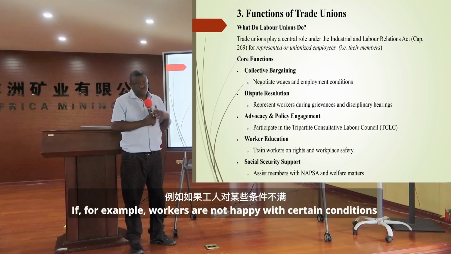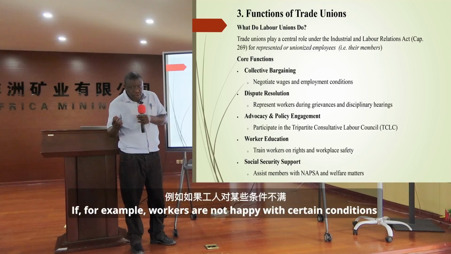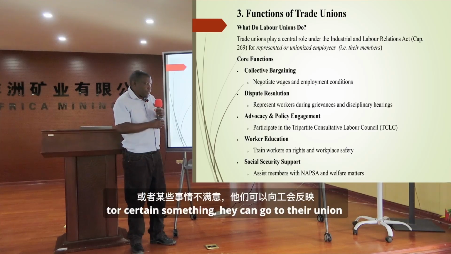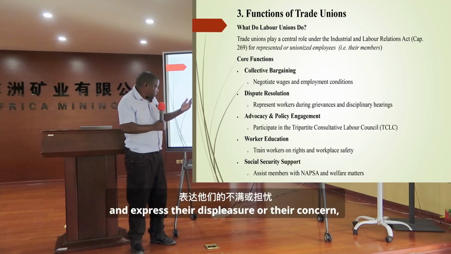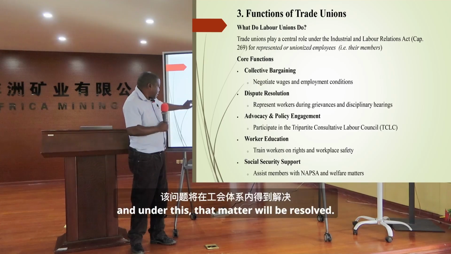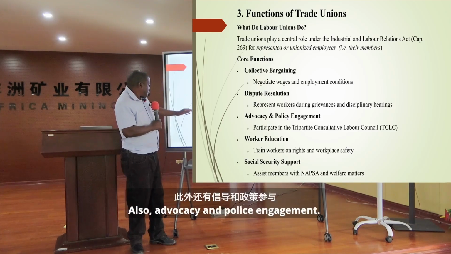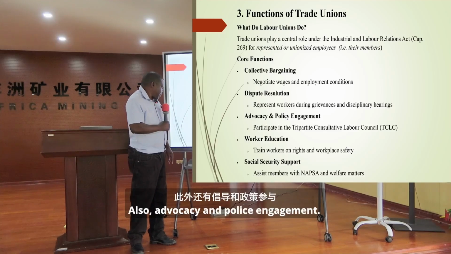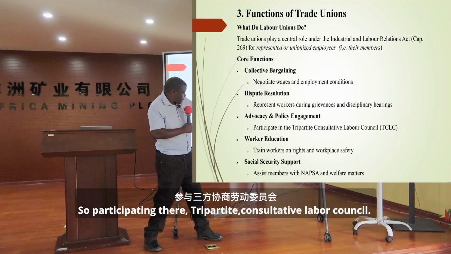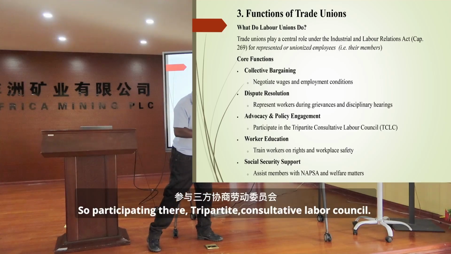If, for example, workers are not happy with certain conditions, they can go to their union and express their displeasure or concern, and that matter will be resolved. Also, advocacy and policy engagement: participating in the tripartite consultative labor council.